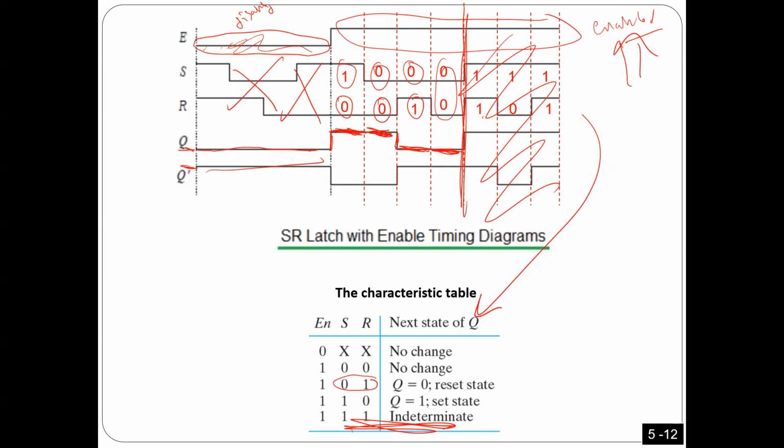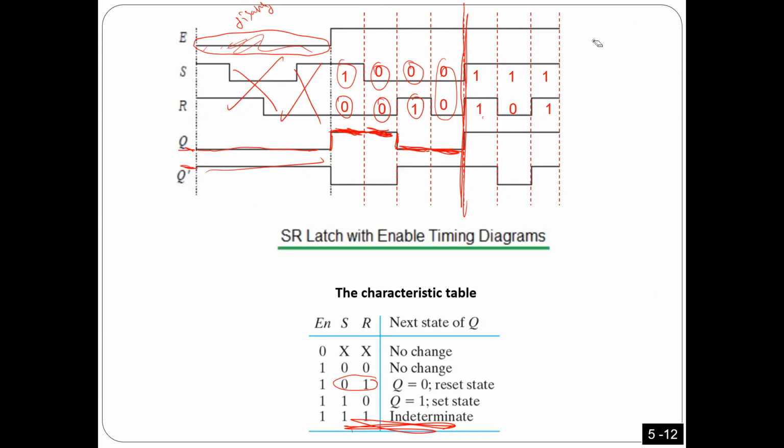But anyway, I hate to talk about this case because again, this is a forbidden case. You should not consider it, and we're going to solve it right now. This is like a basic latch. I'm going to modify it right now to avoid, to cancel this. This is a problem.